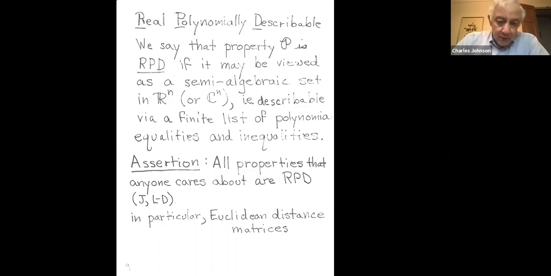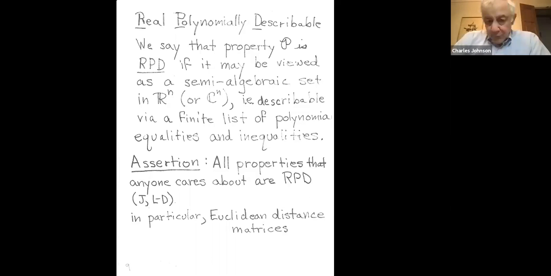Okay, now an interesting assertion: any property that anyone cares about is real polynomially describable. In a paper with Leal Duarte, we went to some lengths to think of every property that anyone has ever studied in earnest.